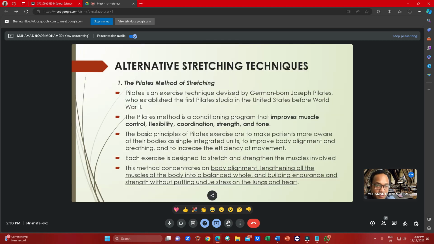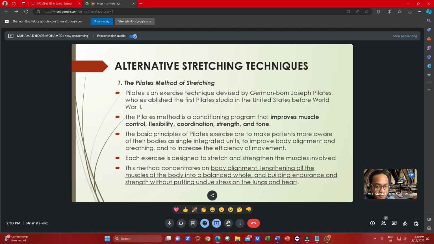Alternatively to stretching techniques, we can also convert them to be Pilates. This is another example of stretching. Pilates is an exercise devised by German-born Joseph Pilates, who established the first Pilates studio in the US before World War II. The Pilates method is a conditioning program which improves muscle control, flexibility, coordination, strength, and also toning.